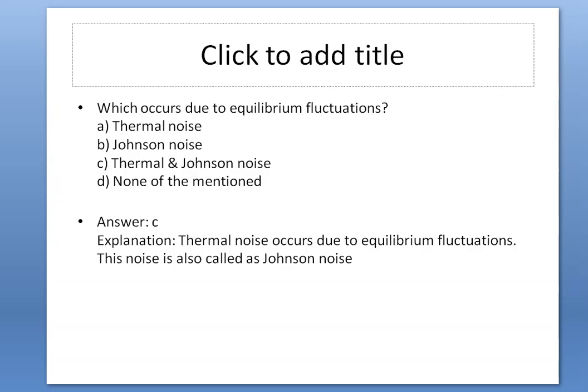A is thermal noise, B is Johnson noise, C is thermal and Johnson noise, and D none of the above. The answer is C. Thermal noise occurs due to equilibrium fluctuations. This noise is also called Johnson noise. So Johnson noise is also called thermal noise, due to the equilibrium fluctuations.